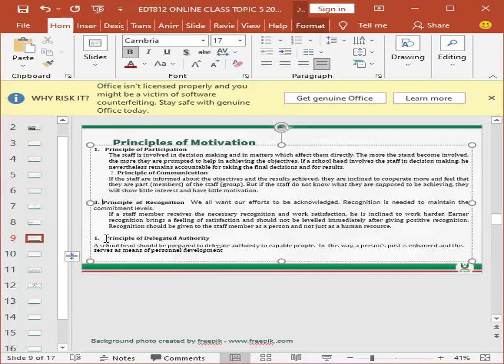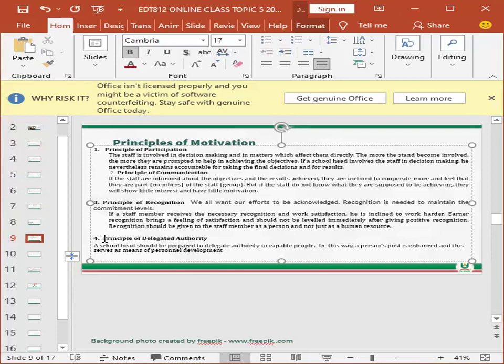So also we have the principle of delegated authority. It's also one of the principles of motivation. A school head should be prepared to delegate authority to capable people among staff, not just anybody.